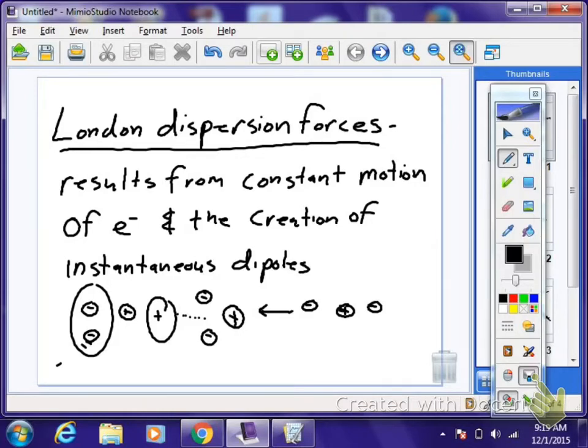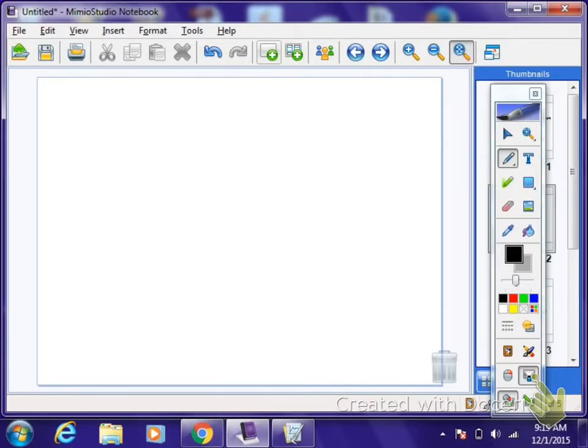Sometimes you compare apples to apples and oranges when you do London dispersion forces. You have to do that so that you can compare and see what's happening. So when we take a look at examples, these have larger London dispersion forces.